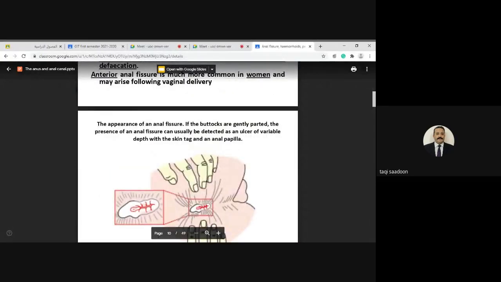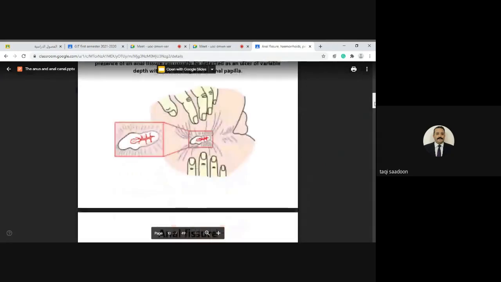Just separation of the buttocks gently. The presence of anal fissure can usually be detected as an ulcer of variable depth with a skin tag and an anal papilla. هذا الskin tag حتى نسميه sentinel pile. sentinel يعني الحارس أو البوابة.